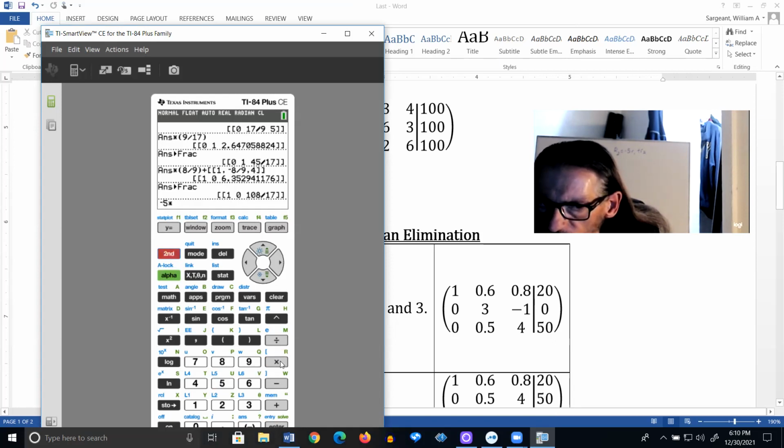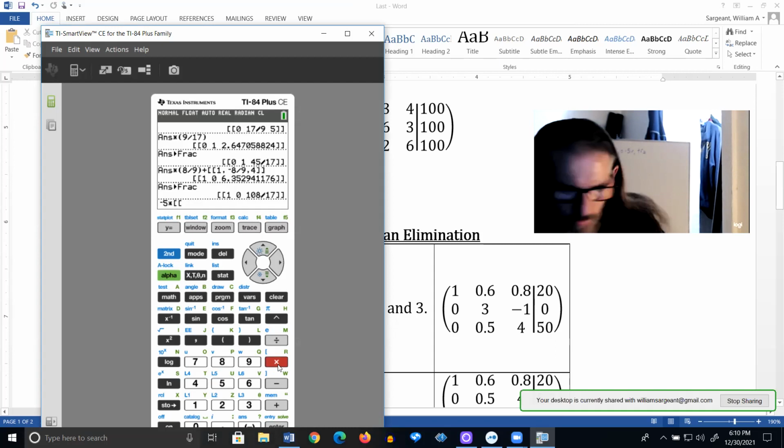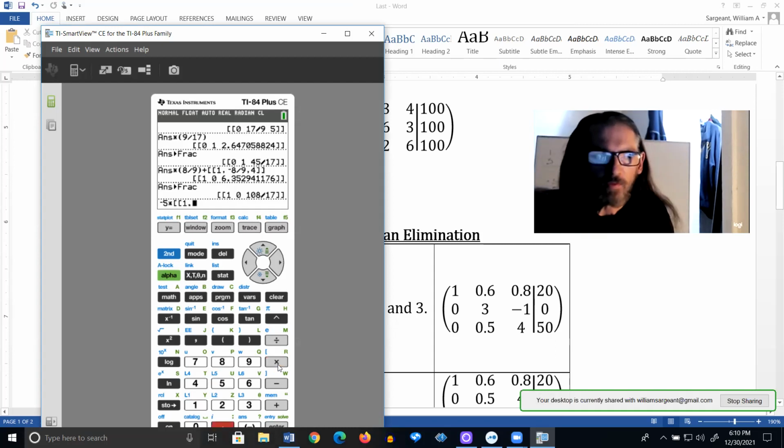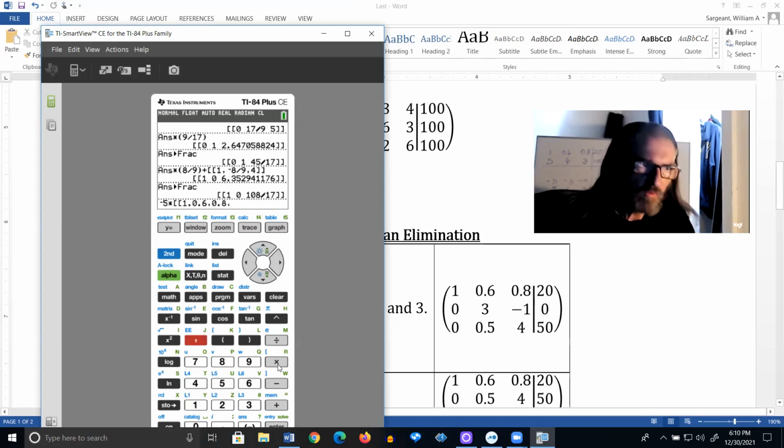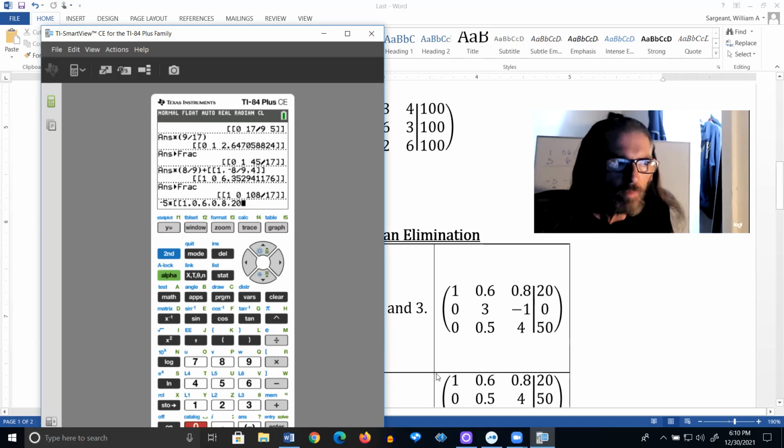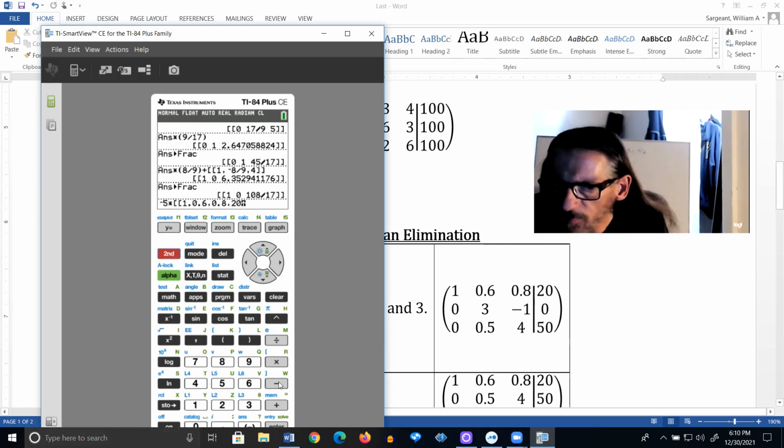Remember to get 2 square brackets by pressing second, and it's above the times sign. So 1, 0.6, 0.8, and 20 for what was on the right hand side of the augmentation bar. Then square bracket closing, so that was second, and above the minus key.